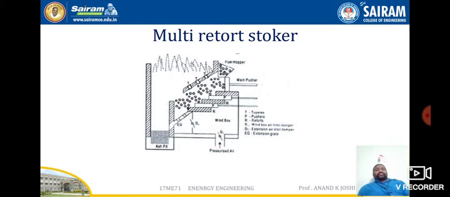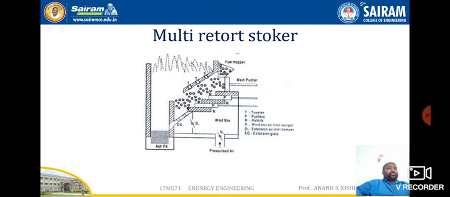It contains a series of retorts, 5 to 20, with tiers and pushers. It also consists of a fuel hopper with coal pushers, and the coal fed through this hopper is pushed by the main pusher driven by the ram, and the distributing pushers in the retorts push the coal and distribute it to all the retorts.